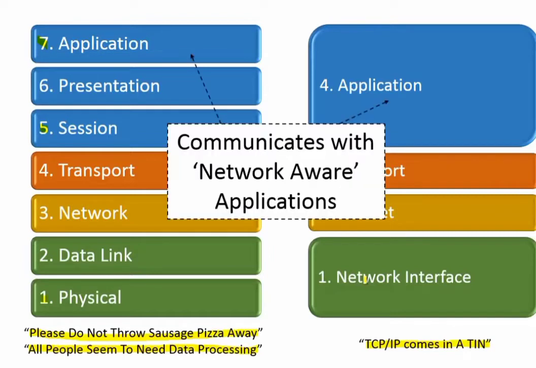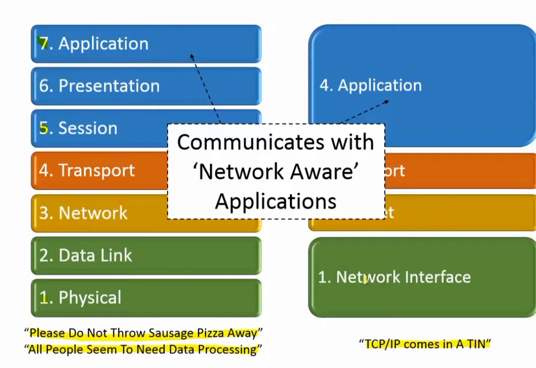Alright, let's start with the application layer. The application layer is the point of contact for all network aware applications. Let me repeat that. It's the point of contact for all network aware applications.